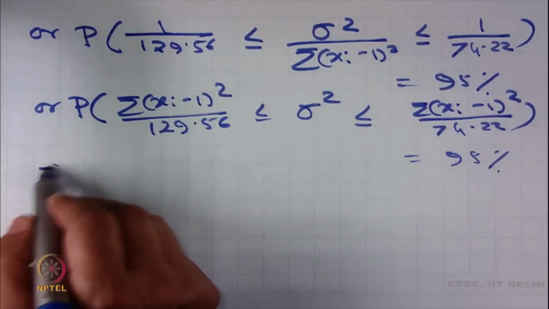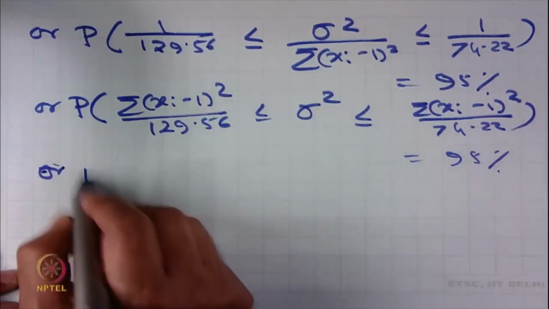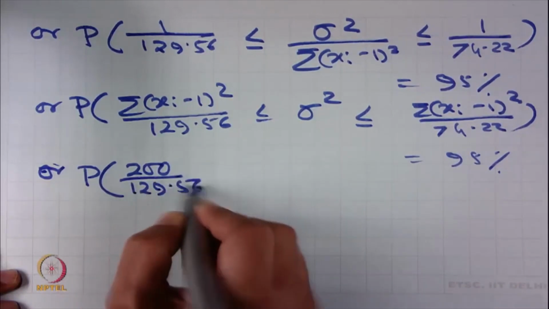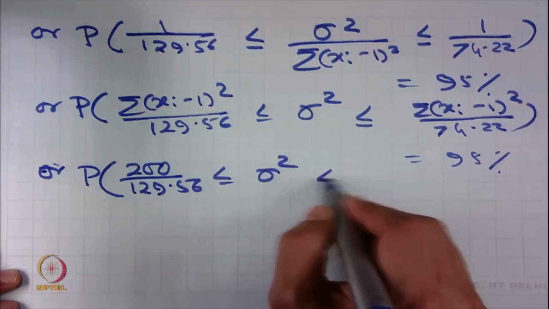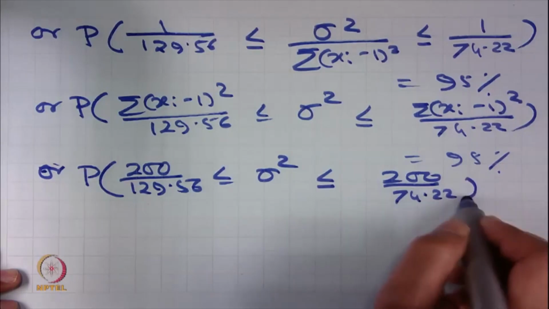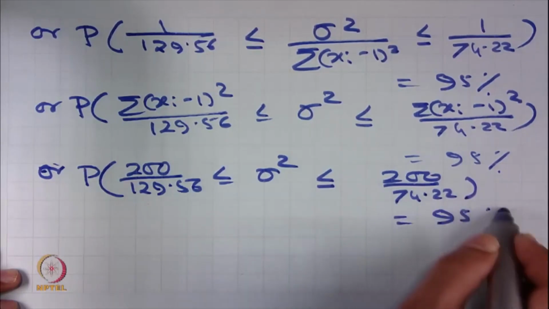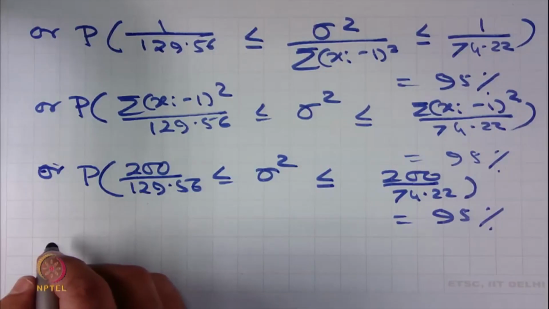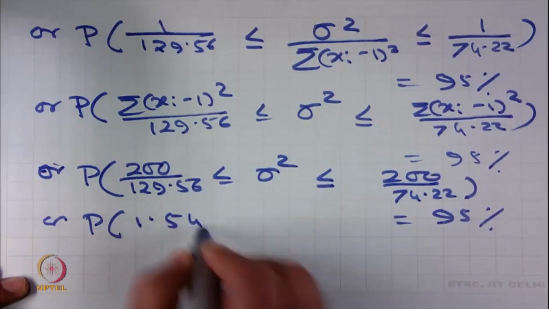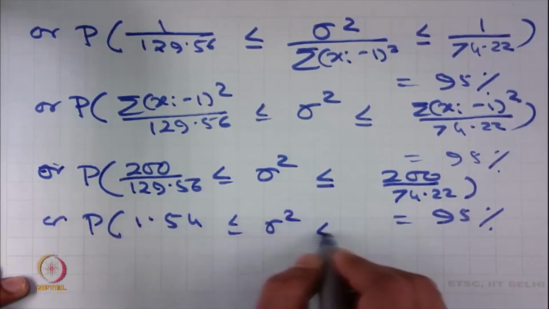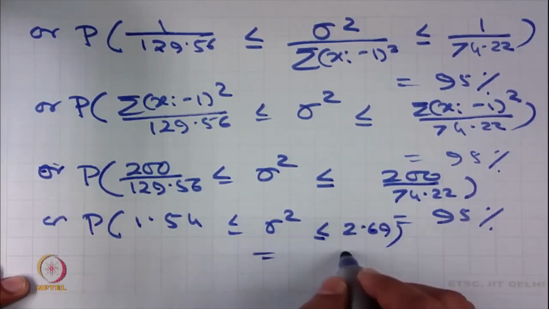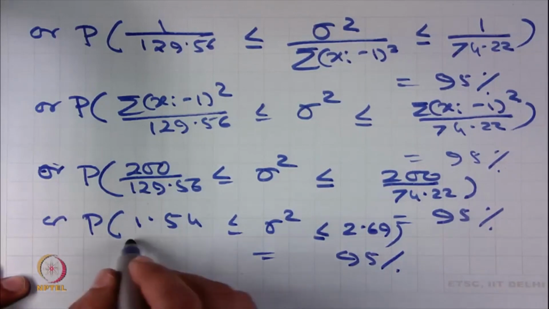Since this is given to be 200, probability 200 upon 129.56 less than or equal to sigma square less than or equal to 200 upon 74.22 is equal to 95%, or probability 1.54 less than or equal to sigma square less than or equal to 2.69 is equal to 95%.